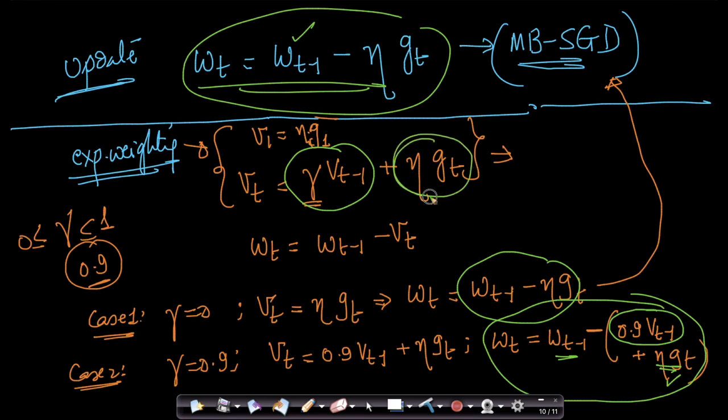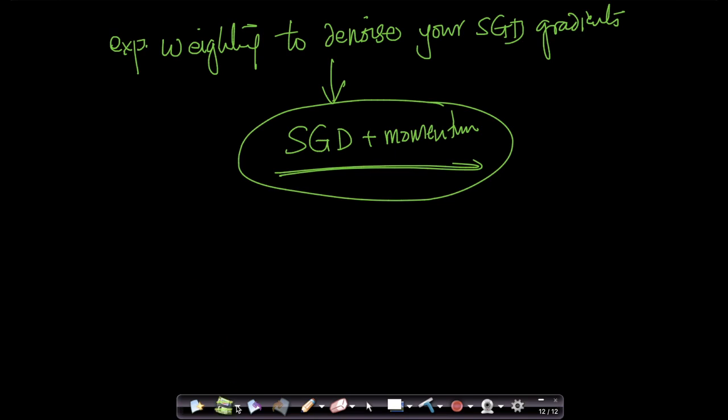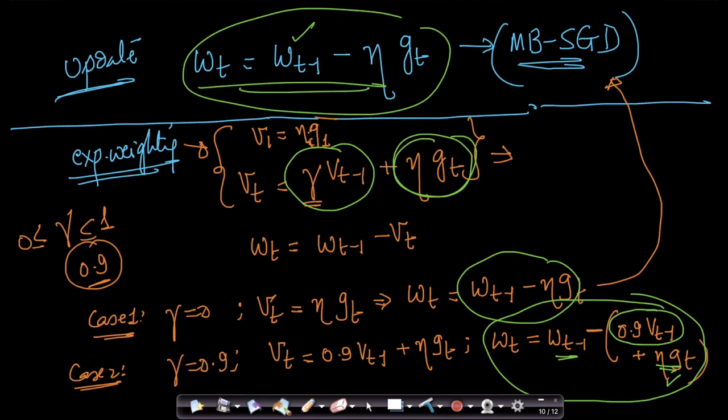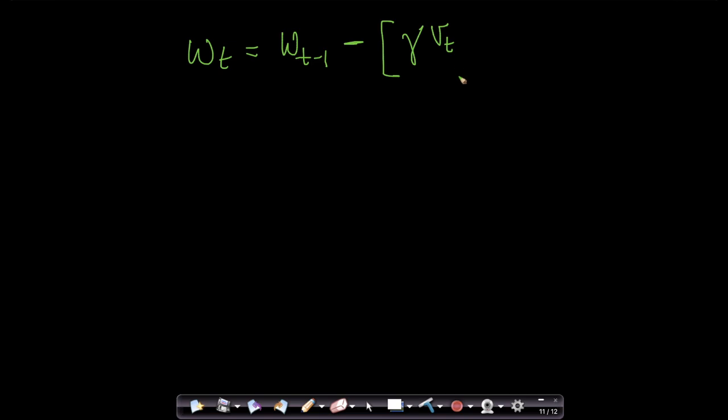If you write it down in one line, you get Wt equals Wt minus 1 minus (gamma times Vt minus 1 plus eta times Gt).